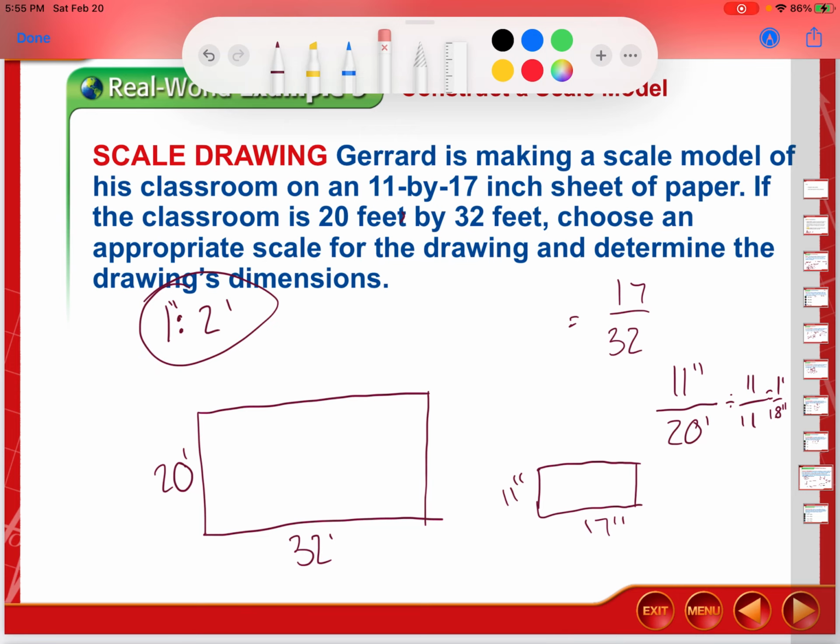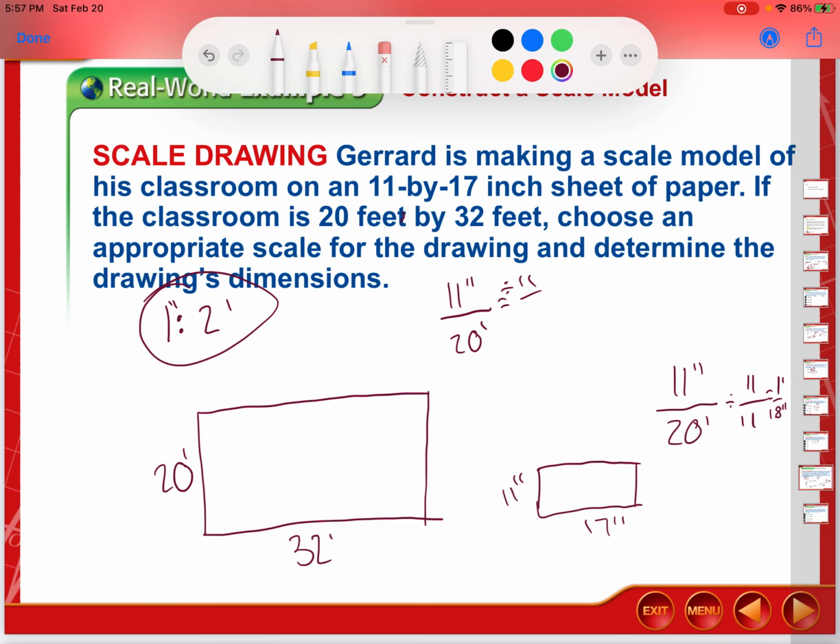So essentially what I said was, we have an 11-inch piece of paper, we have a 20-foot room. I want to get a scale factor of 1 in this case, making these match up exactly.